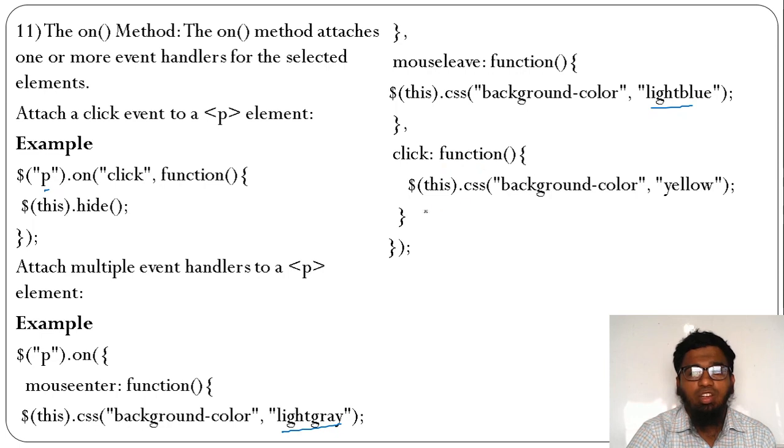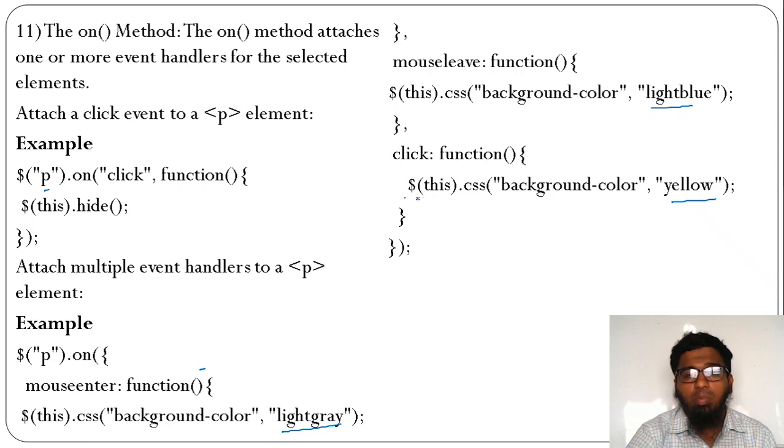For click, when you click, the color should be yellow, so $(this).css(background-color, yellow).